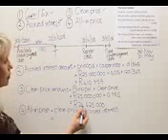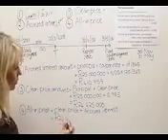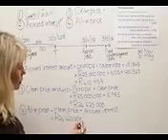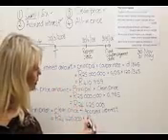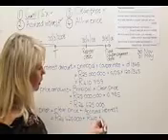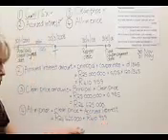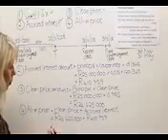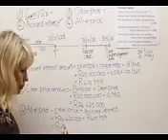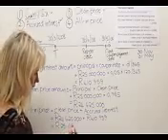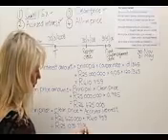Clean price amount we calculated here, 24,625,000. The accrued interest amount, 410,959. If you add those two together, your all-in price is going to be equal to 25,035,959.